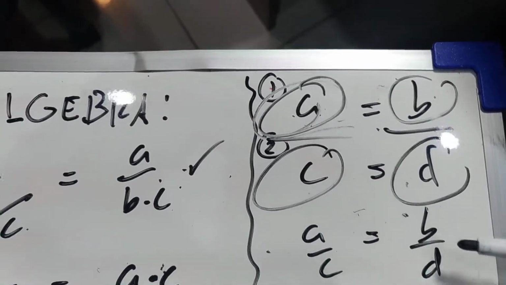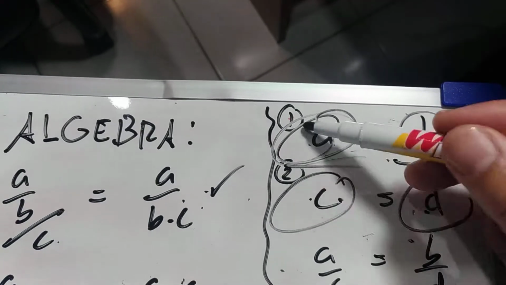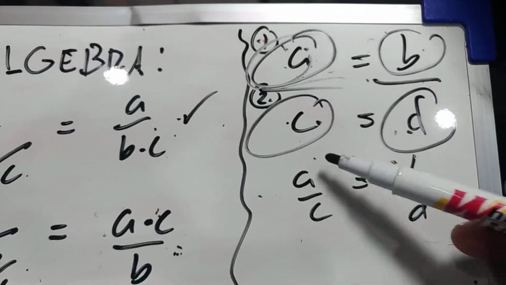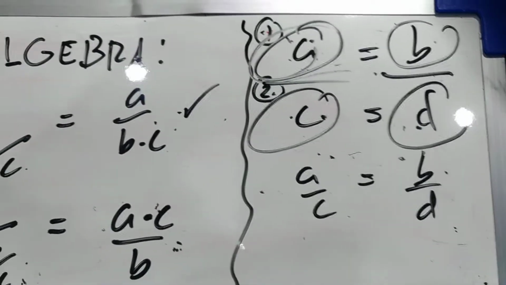So this equals this, and this equals this. You can divide equation 1 and equation 2, and you get another equation, a over c equals b over d, as you found out on your last test.